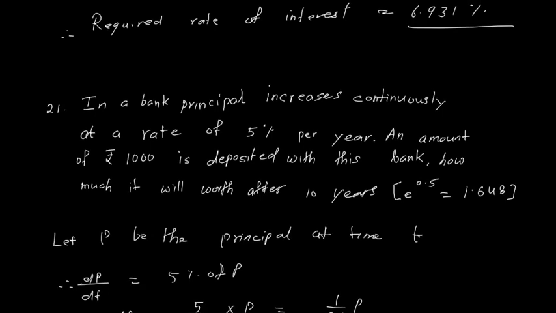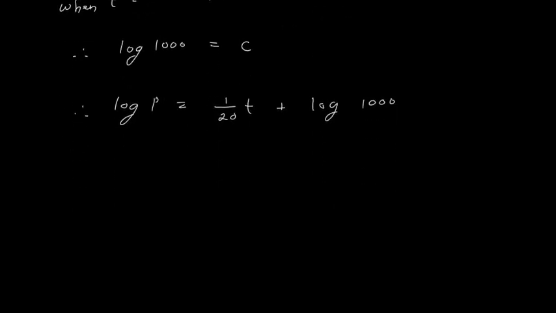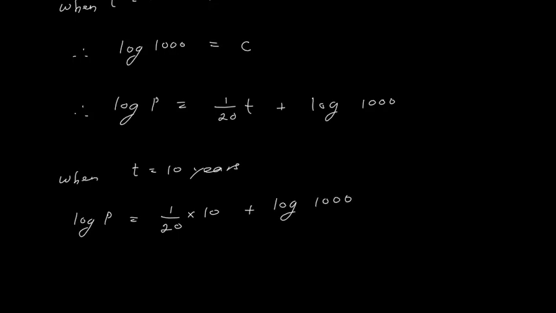Now it is asked what it is worth. We have to find the value of P when t is 10 years. So when t is 10 years, I have log P is equal to 1 upon 20 into 10 plus log 1000, which gives 0.5 plus log 1000.